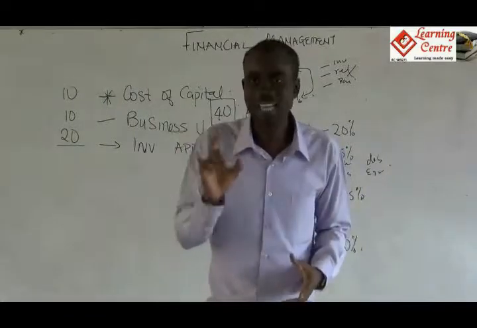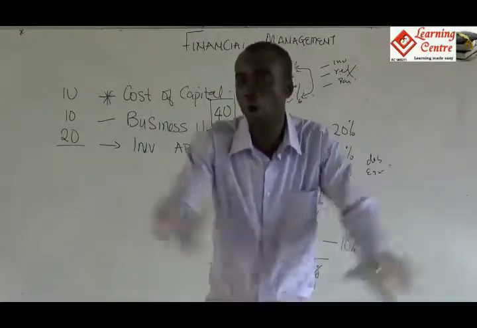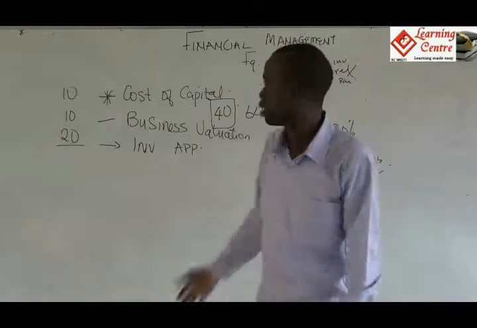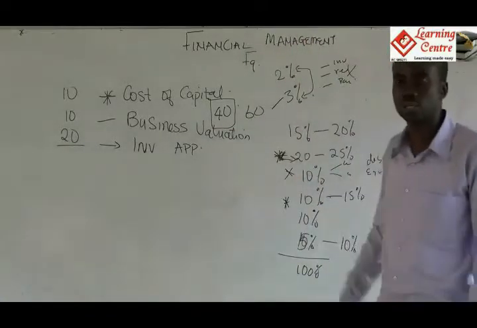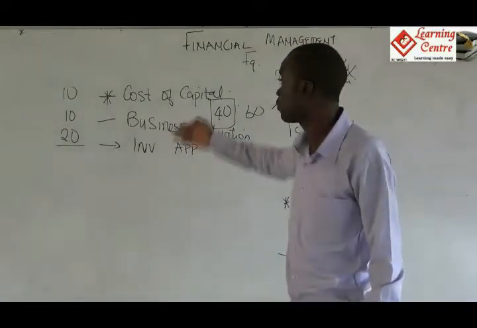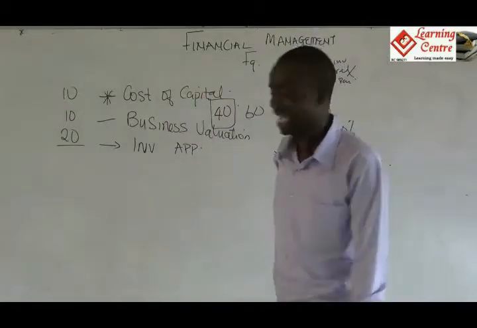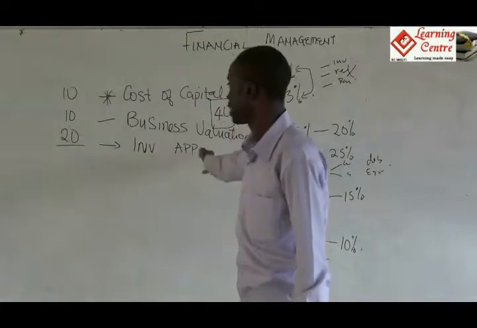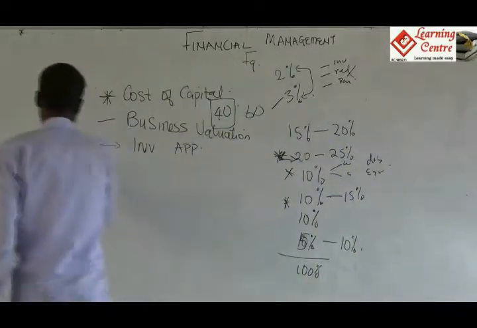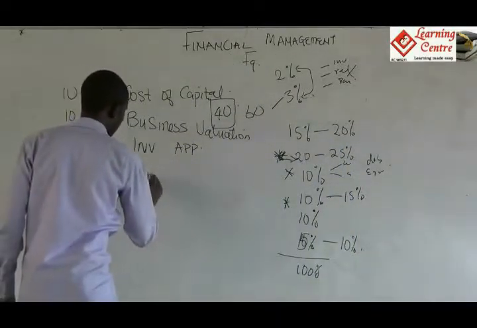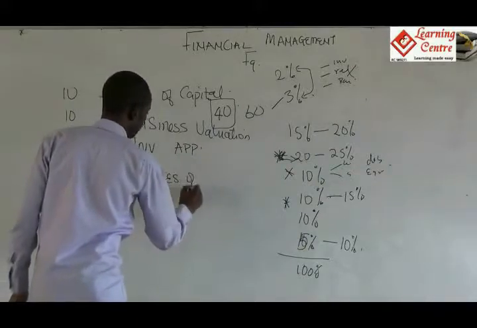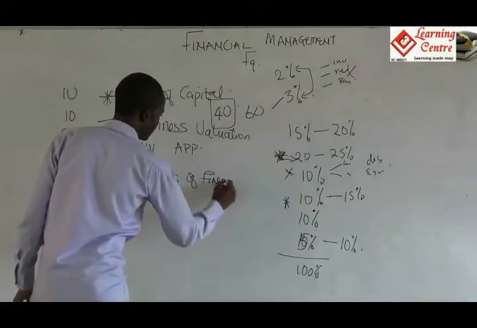Because in each, if not all, you would find a question that has virtually all the outline content. So that's why we have to have a good understanding of what? Of the content. Now, investment appraisal. This will now take us to what? The sources of what? Finance.